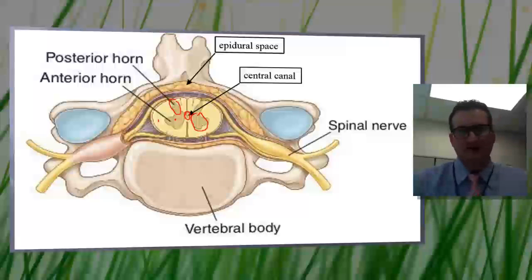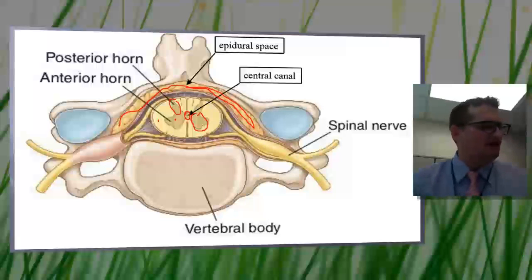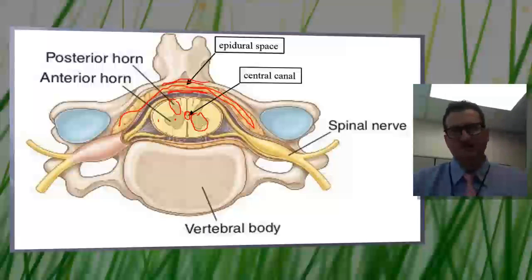The epidural space, which is the fatty area shown in yellow here, all the way around, lies between the outer covering of the spinal cord and the vertebrae. So here's the outer layer of the spinal cord called the dura mater, and this is the bony vertebrae. The space in between is called the epidural space, and it's full of fat as well as blood vessels and connective tissue.